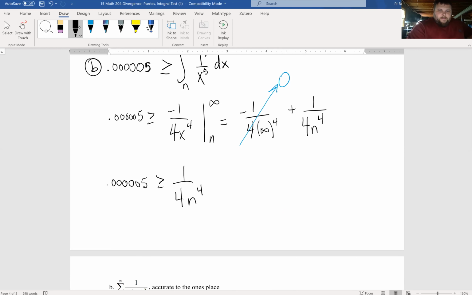Actually, I'm going to move this decimal down here. And I'm going to take n to the 4th and put him over here. So I'm going to have n to the 4th greater than or equal to 1 over 4 times this decimal.